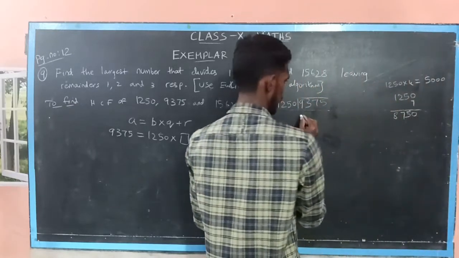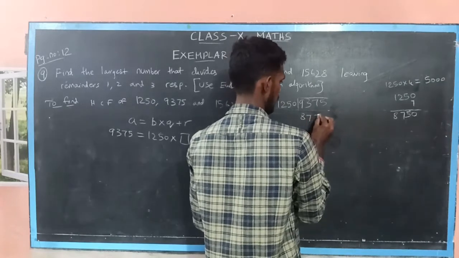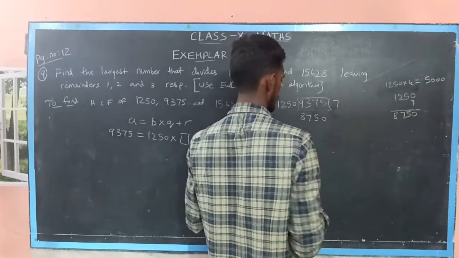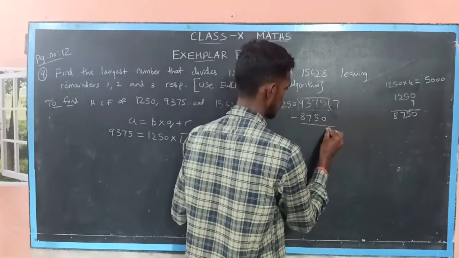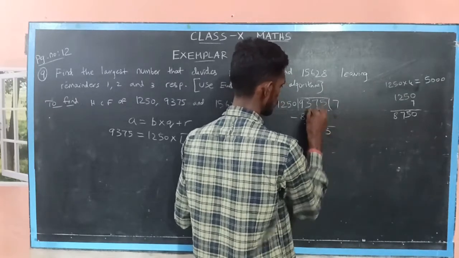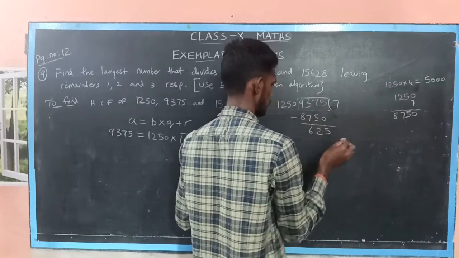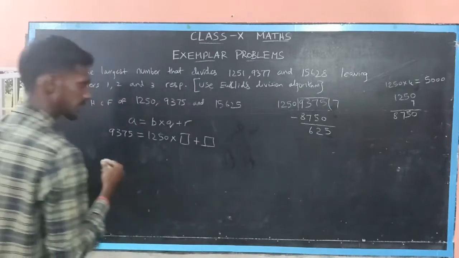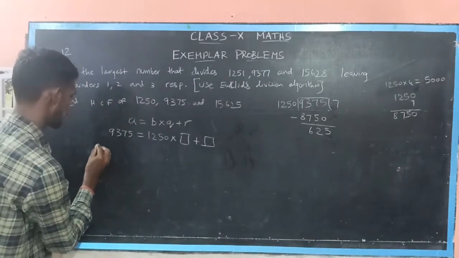I am getting 8750 for the quotient 7. Subtracting these numbers, I am getting the remainder as 625.